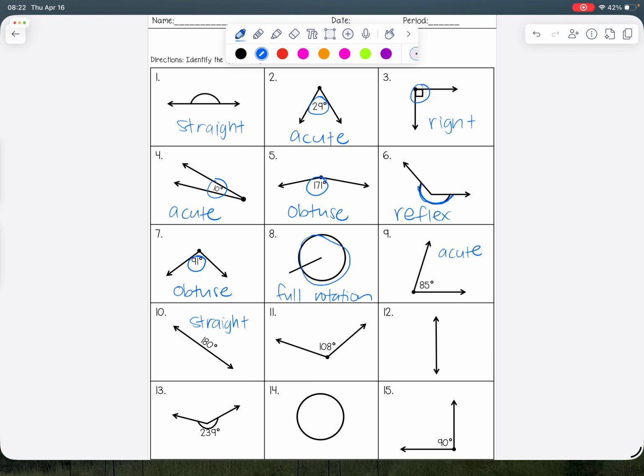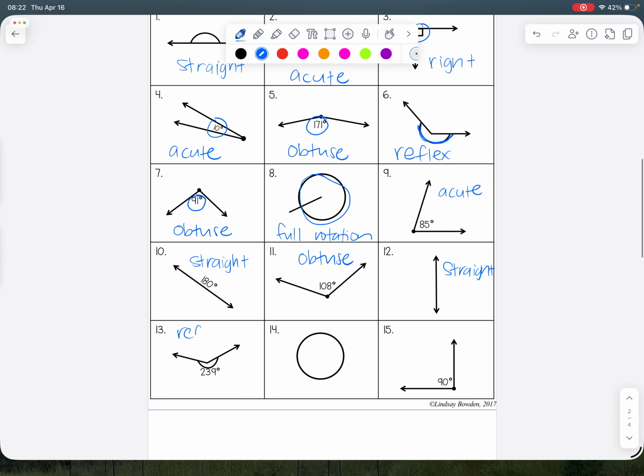More than 90, less than 180, we have obtuse. Here we have straight again. Reflex. Full rotation. And exactly 90 degrees is a right angle.